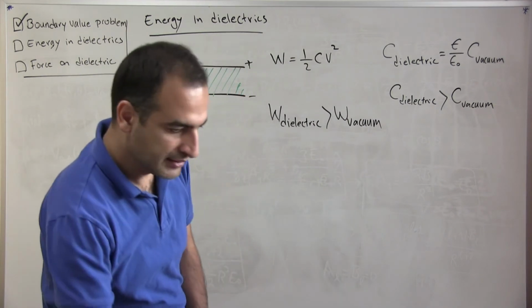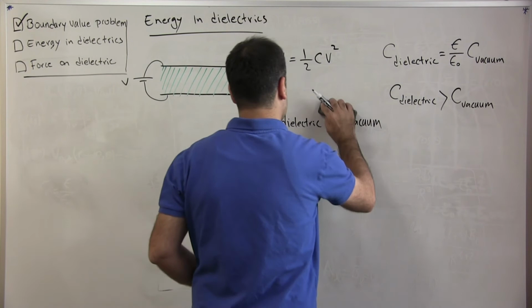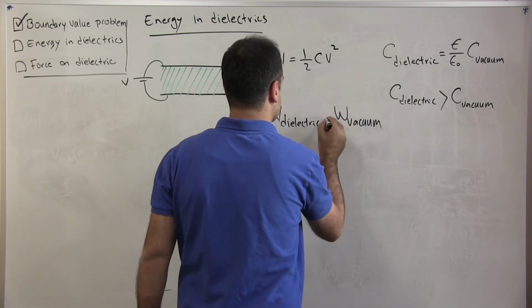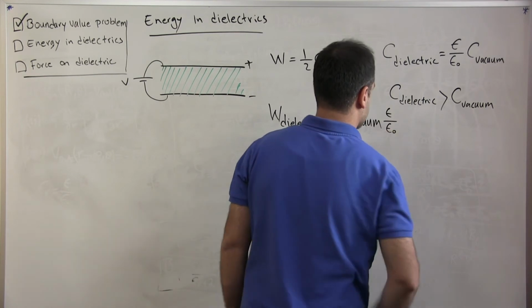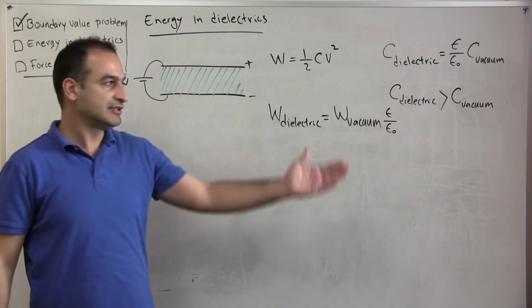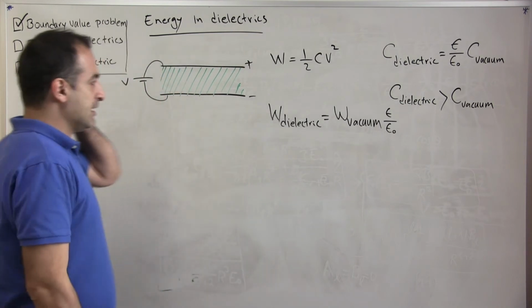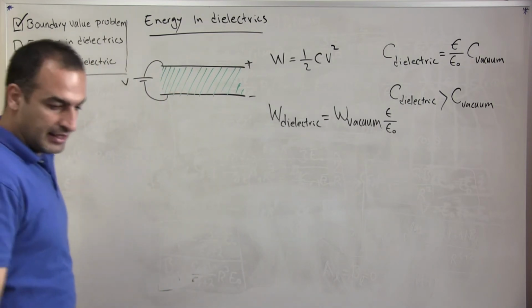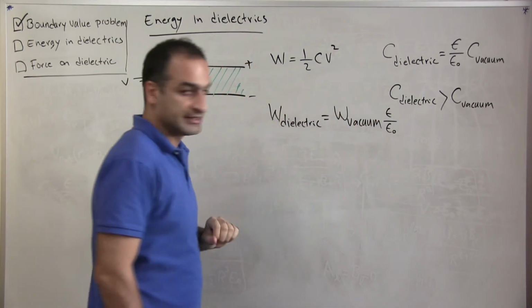Okay, and the relationship is kind of simple, it follows the same thing. This is going to be equal to the vacuum energy times epsilon over epsilon 0. And this ratio is always greater than 1. So now we already know that the energy in the capacitor is increasing.